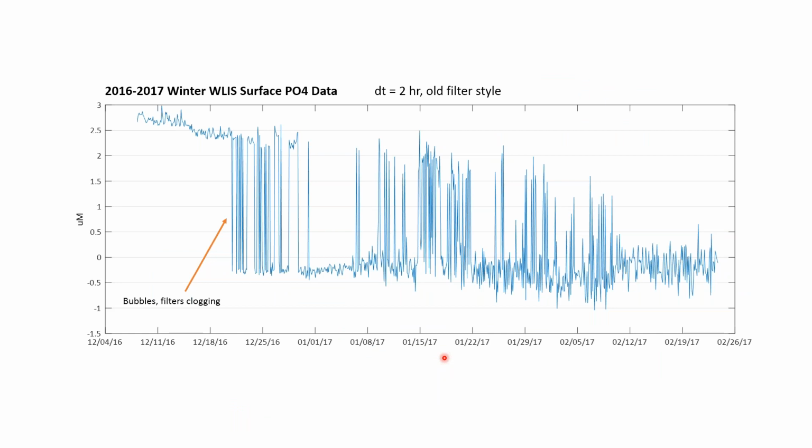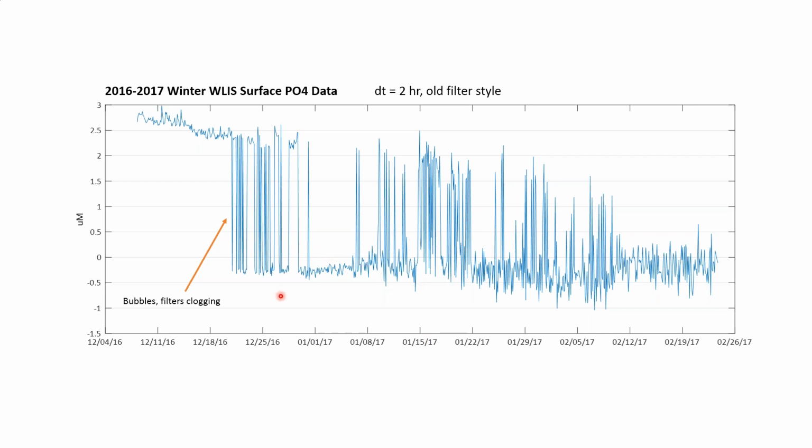Our phosphate sensor, in that previous picture, we had seen that the filter clogs up pretty quickly. When we first put out phosphate, they had a different filter setup. They were smaller, and it did not last very long before bubbles and fouling clogged it.